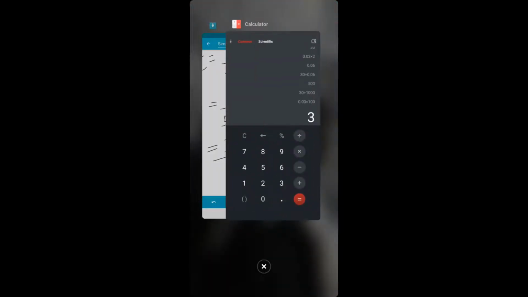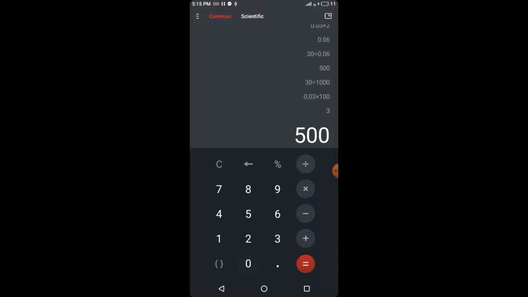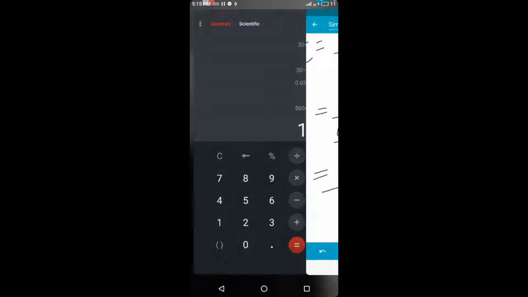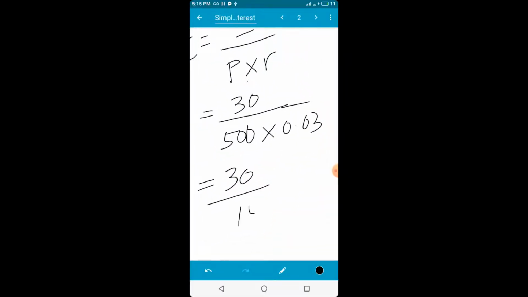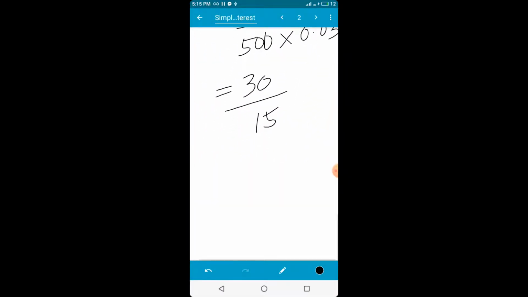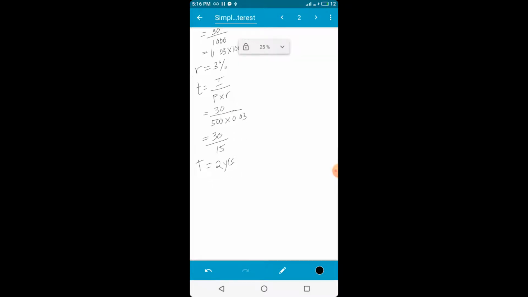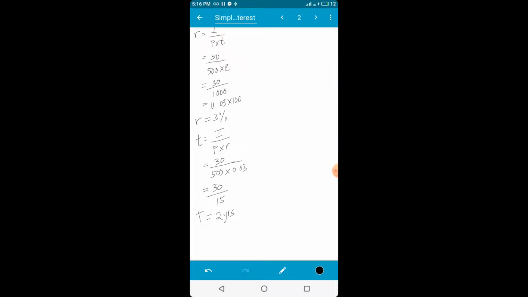Let's use the calculator. That's 15. Okay, and then 30 divided by 15, that is 2. So, the time is 2 years. Alright? So, ganun lang guys. Kapag magsasagot tayo later ng word problem, gagamitin natin yung mga formula. Okay?